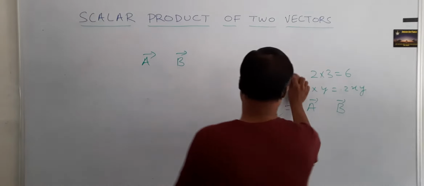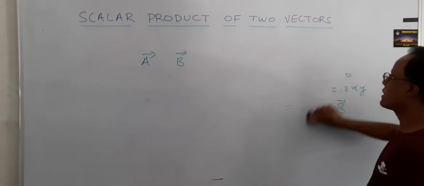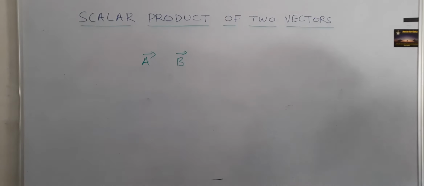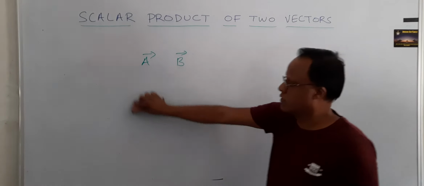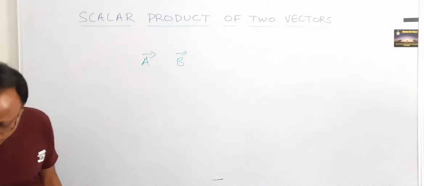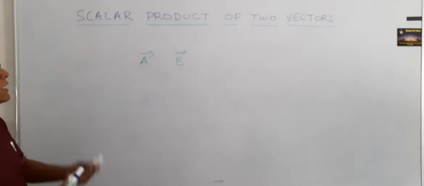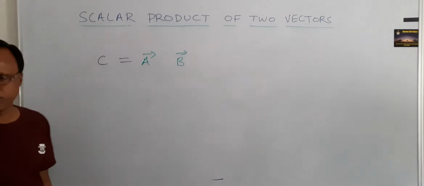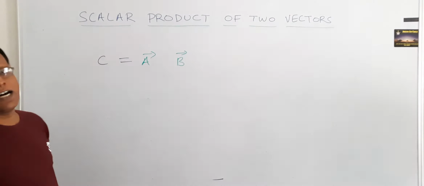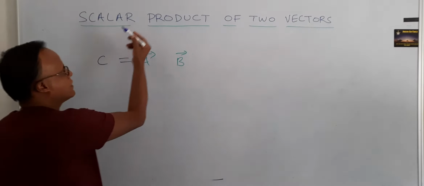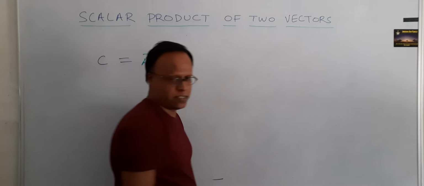So now I come to my point, the scalar product of two vector quantities. Let A and B be two vector quantities, and after multiplication we get a new quantity, let that be C. If it is a scalar, then the product of these two quantities is known as the scalar product of two vectors.